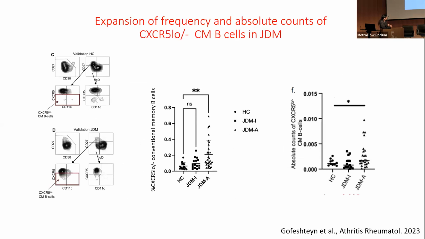The interesting thing, as I pointed out, was that the conventional memory cells were contracted, but those that are CXCR5 negative were much more abundant in the JDM patients. We saw that this was true in both cohorts, and it was significantly more in the active JDM patients. The absolute count of these cells was also significantly more in the active patients.